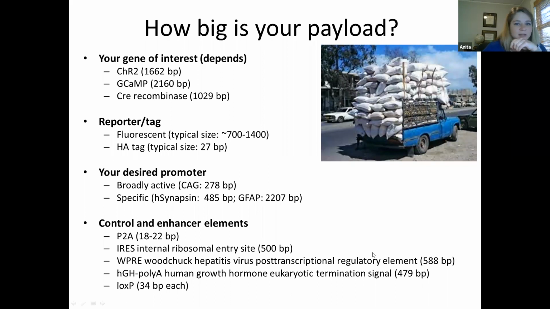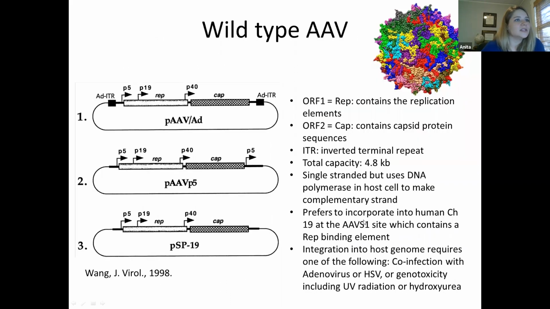Poly A sometimes is good if you want to enhance expression in eukaryotic systems, which obviously most of the time in mice, we're talking about eukaryotic systems. LoxP sites, so all of these are going to take up space. So depending how many things you're trying to shove into your viral backbone, you might need to choose a specific virus.